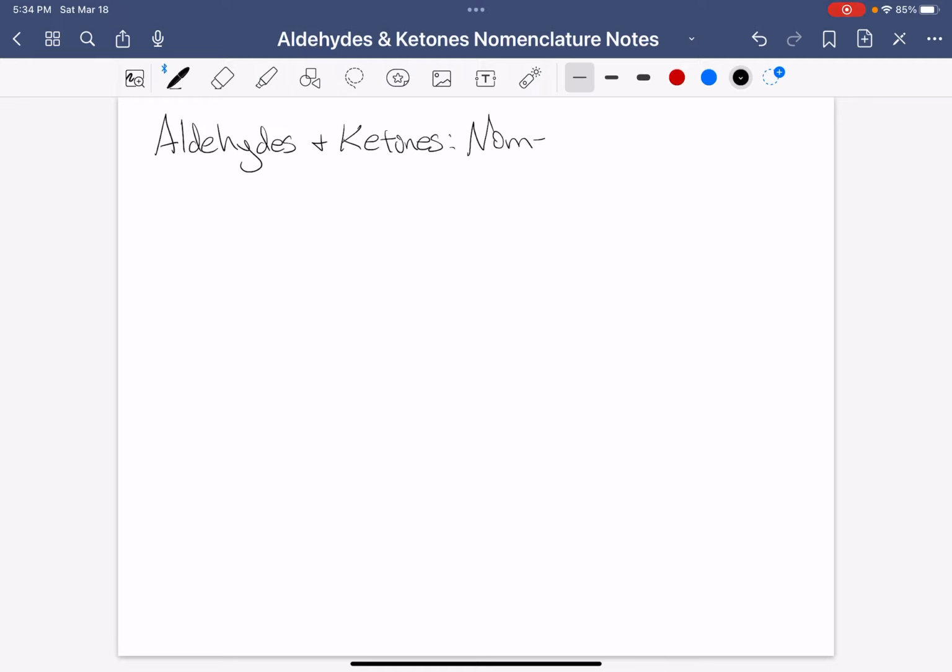So remember our general naming scheme involves the following. We'll have some sort of root for our name, and that's going to be the number of carbons in the parent alkane.